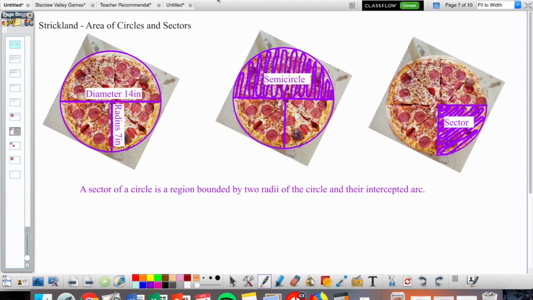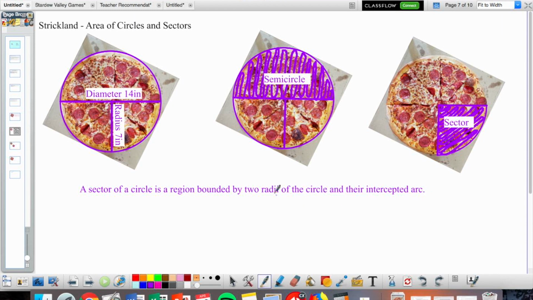Okay. Well, now that I've eaten that delicious lunch, let's go ahead and take a closer look at sectors. So first up, our geometric definition. A sector of a circle is a region bounded by 2 radii of the circle and their intercepted arc.